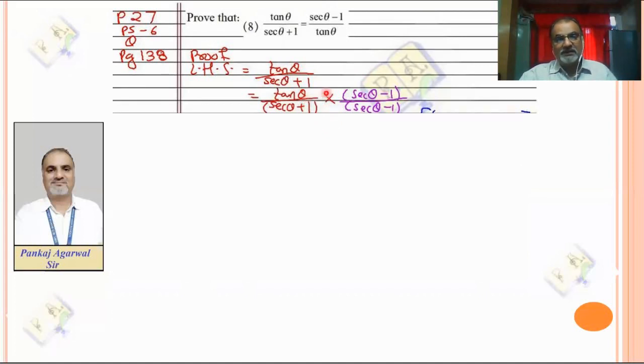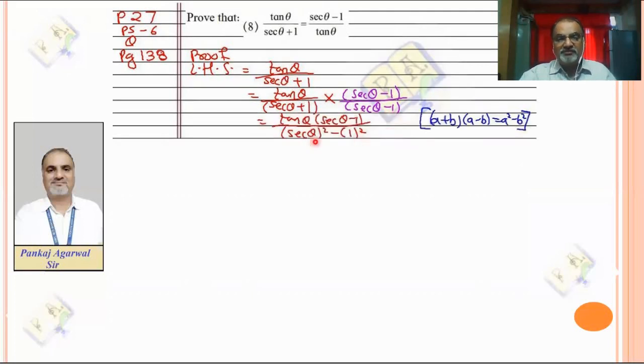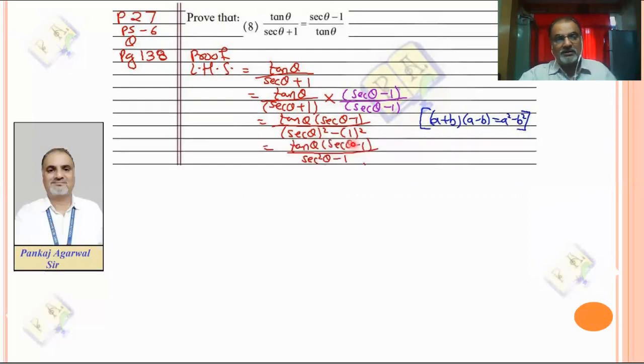Now tan theta into (sec theta minus 1) I will not touch, but the denominator is (a plus b) into (a minus b), which will become a square minus b square, that is sec theta the whole square minus 1 the whole square. Open the bracket. Again, I will not touch the numerator. Tan theta into (sec theta minus 1) I'll keep as it is. The denominator will become sec square theta minus 1. Now it is an identity. What is the identity?